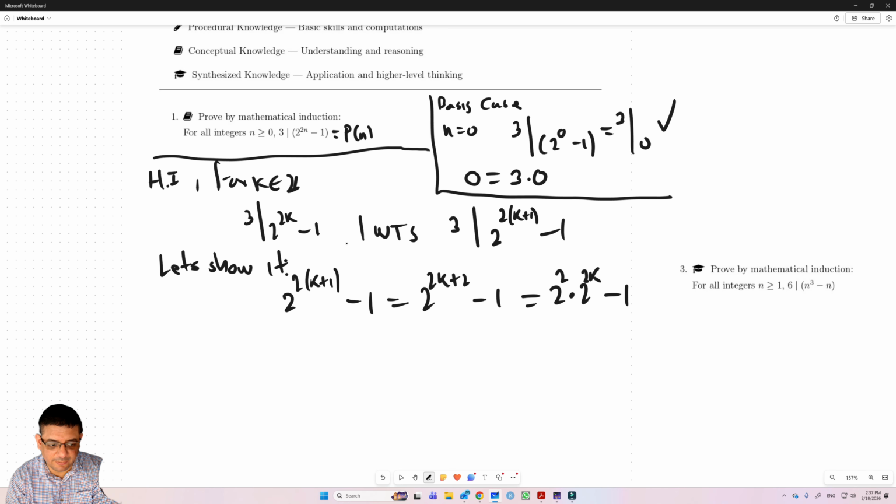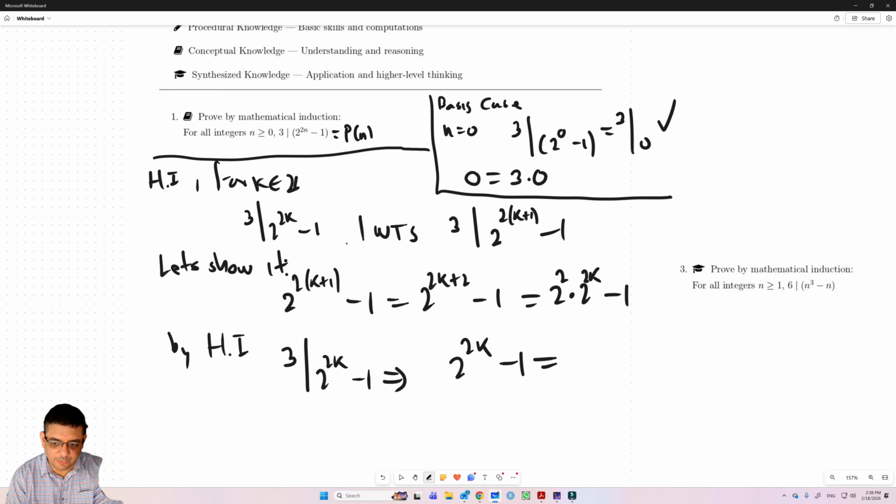Because by hypothesis of induction, 3 divides 2 to the 2k minus 1, that implies that 2 to the 2k minus 1 is equal to 3 times some m, for m that belongs to the integers.